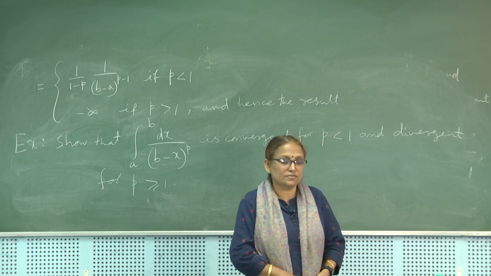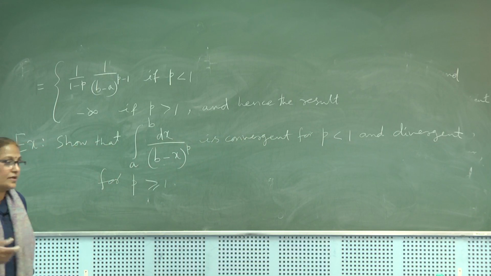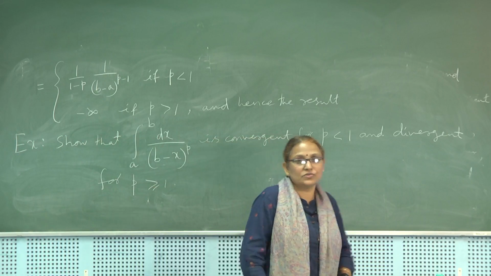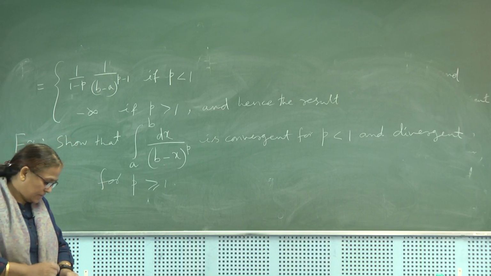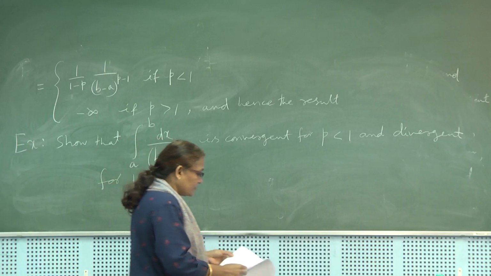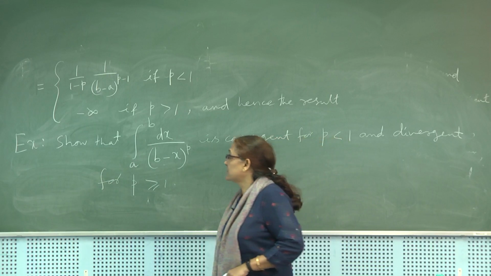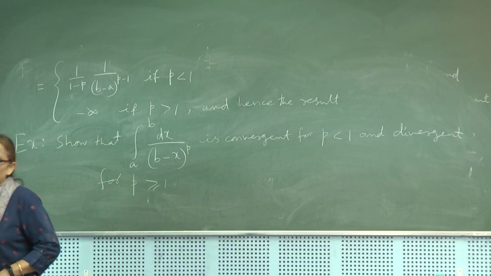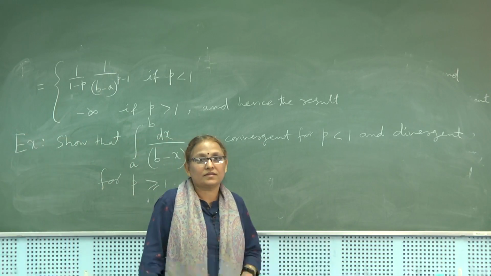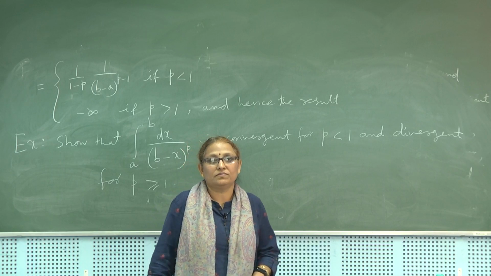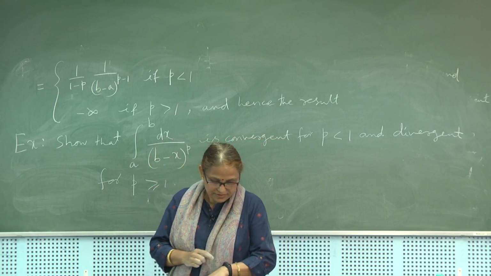Well, these are some tests that we basically use for the convergence of improper integrals. Well, next, there are many important kinds of improper integrals that we come across, and they are the very well known gamma function and beta function, they are also improper integrals.